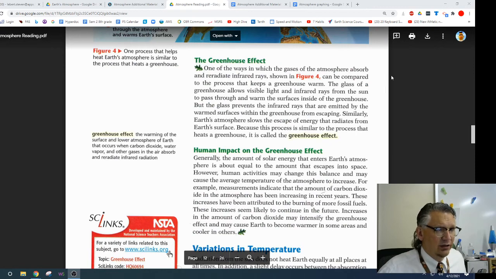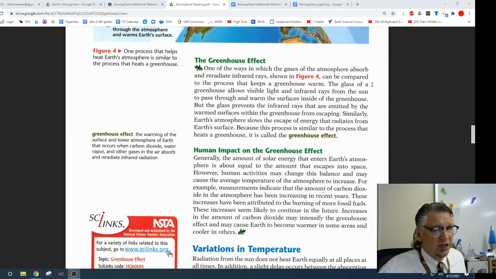The greenhouse effect. One of the ways in which the gases of the atmosphere absorb and re-radiate infrared rays, shown in Figure 4, can be compared to the process that keeps a greenhouse warm. The glass of a greenhouse allows visible light and infrared rays from the sun to pass through and warm the surface inside the greenhouse, but the glass prevents the infrared rays that are emitted by the warmed surface within the greenhouse from escaping.